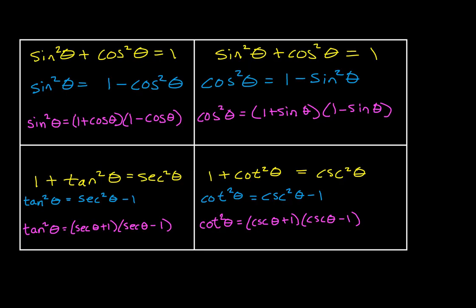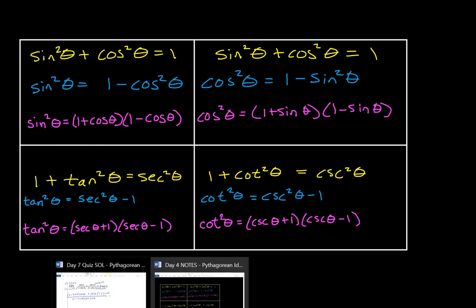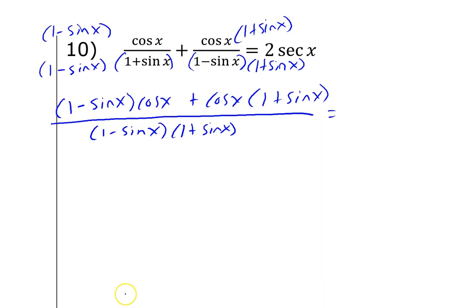So now I'm going to do two things really at once. One thing I'm going to do is this substitution right here. 1 plus sine x times 1 minus sine x, that's cosine squared. So I'm going to make that substitution. So my new denominator is going to now be cosine squared.